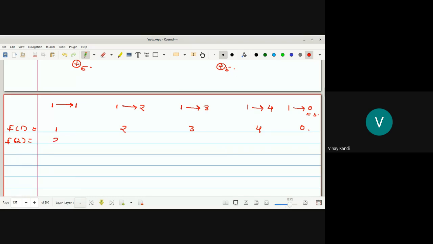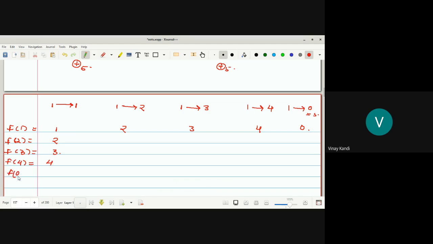Similarly, f of 3 is f of 1 plus 1 plus 1, because f is a homomorphism, which is f of 1 plus f of 1 plus f of 1. The image of 1 is 1, so 1 plus 1 plus 1 is 3. Any doubt? Similarly, f of 4 is 4. f of 0 is equal to 0.